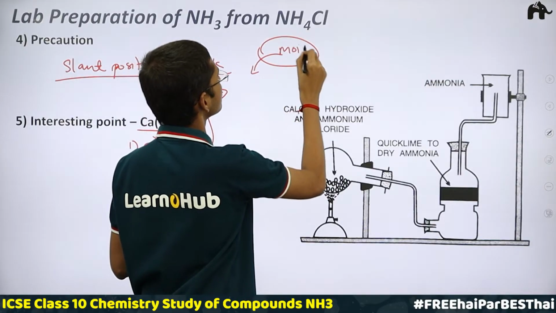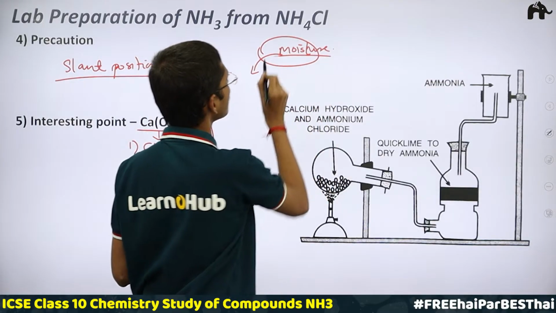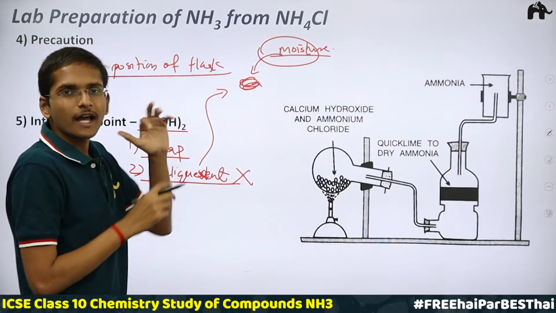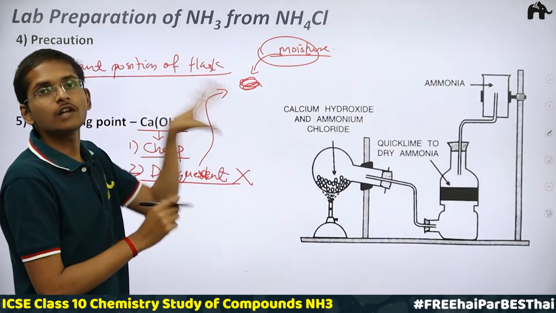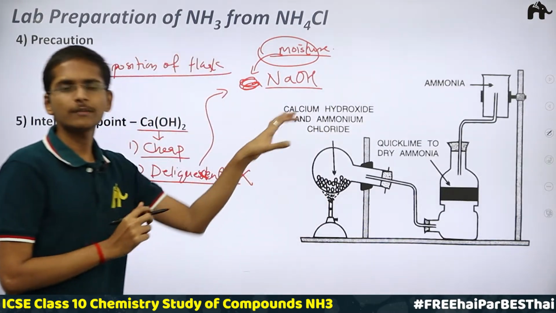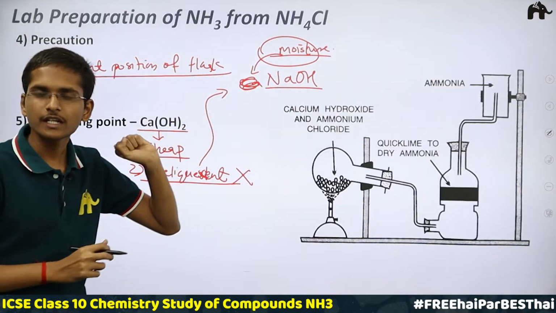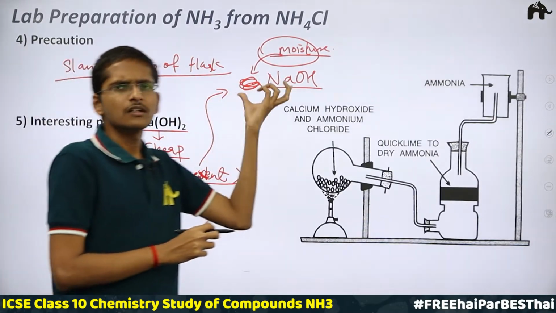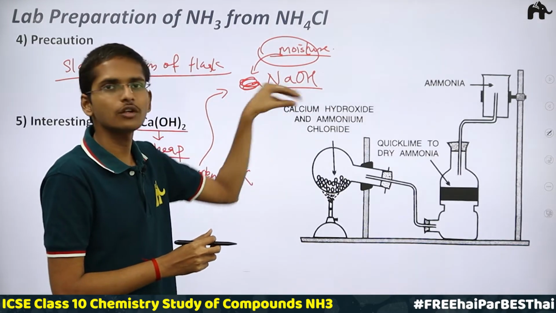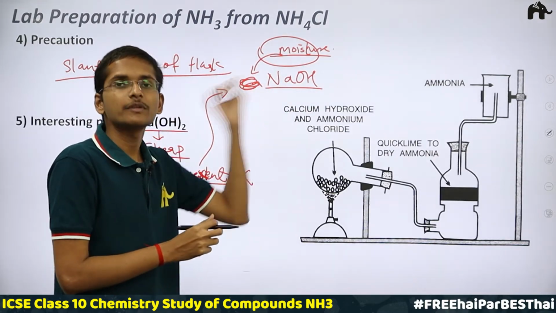Water vapors from the air would be absorbed by the deliquescent substance, and then that substance would dissolve in it. For example, sodium hydroxide is a deliquescent substance, so it absorbs the moisture from the air, and then the solid sodium hydroxide pellets start to dissolve in that moisture.